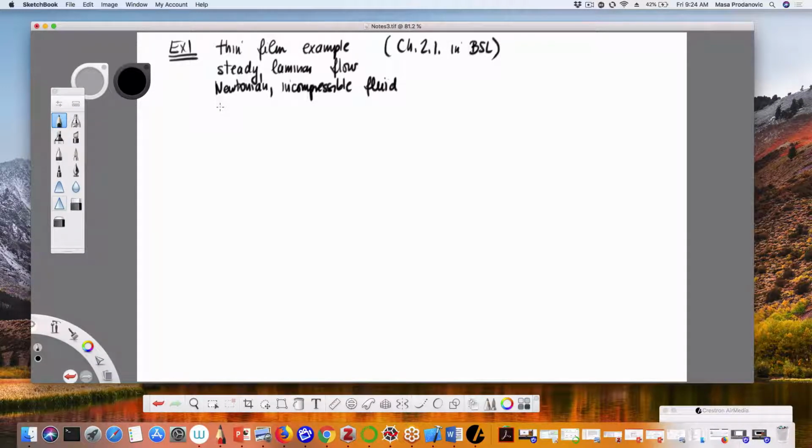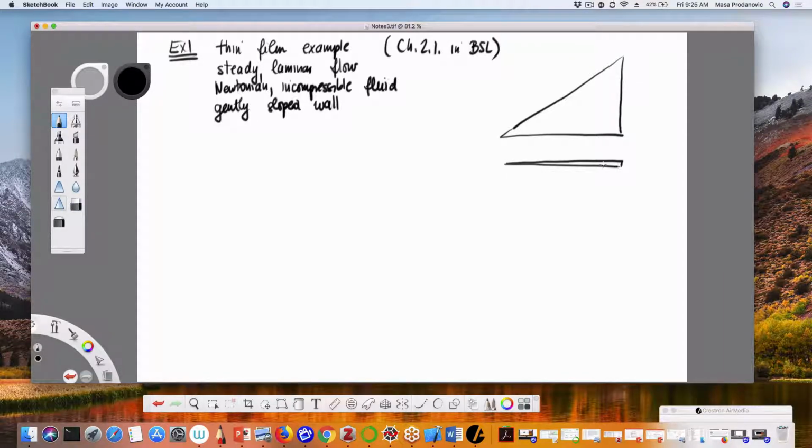So let's draw this geometry. What I'm actually drawing is not gently sloped, but I have to exaggerate. Gently sloped is this, but good luck seeing anything if I draw it that way.